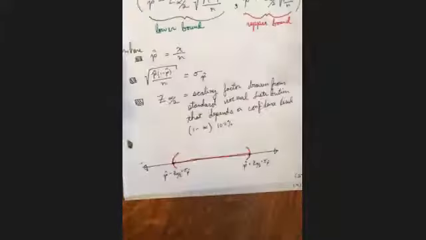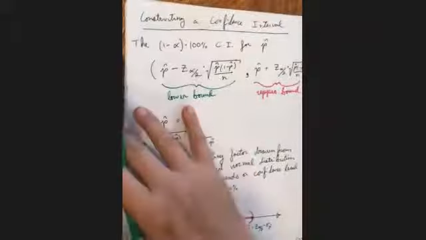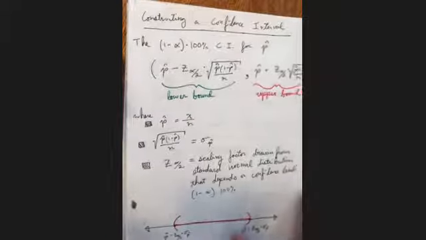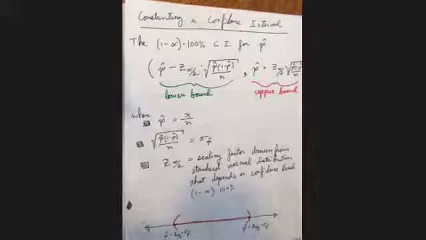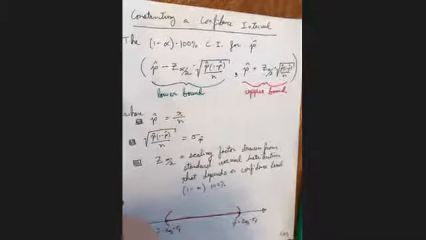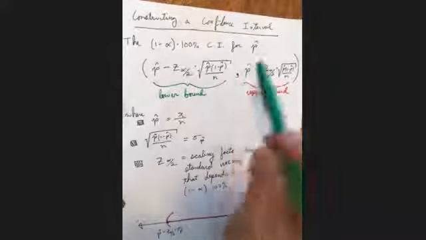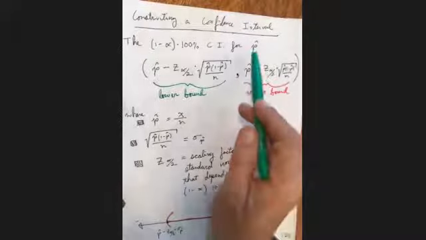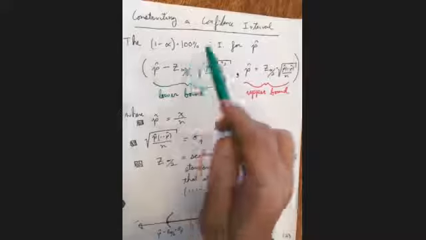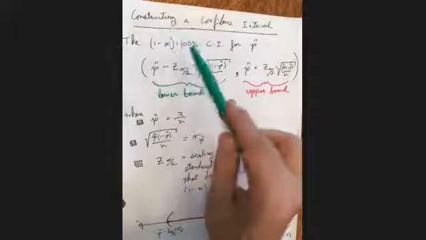Okay, so let's take a closer look at what's going on here. For population proportions, let's first just talk about how we would construct the interval that would have the right width that we need. So, constructing the confidence interval centered at p hat with a certain level of confidence, (1 minus alpha) times 100%.